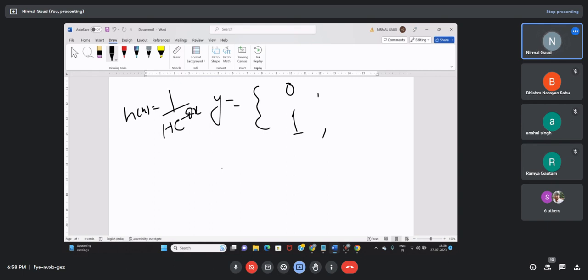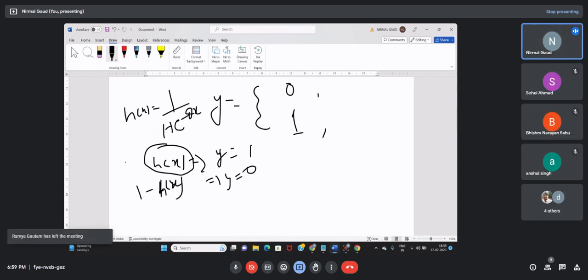If I consider only h(x) for y equal to 1, then for y equal to 0 it will be 1 minus h(x). The reason is that the probability lies between 0 and 1. If h(x) is the probability when y equals 1, then the probability when y equals 0 will be 1 minus h(x). Is this point clear or not?